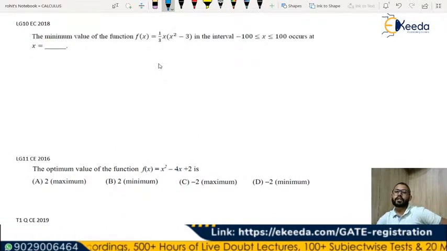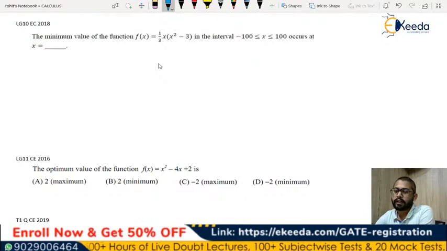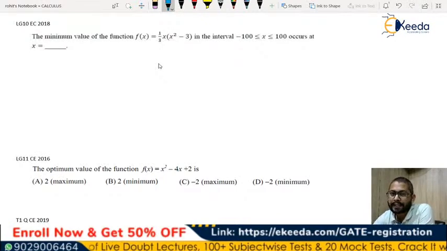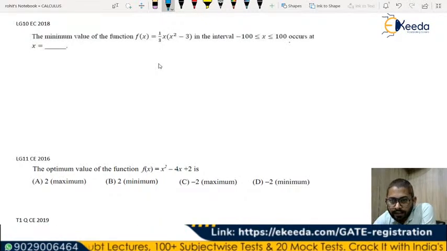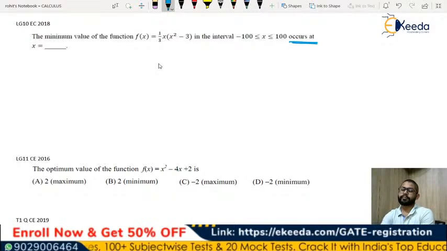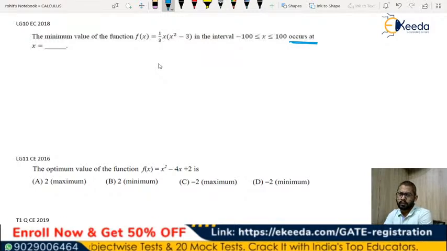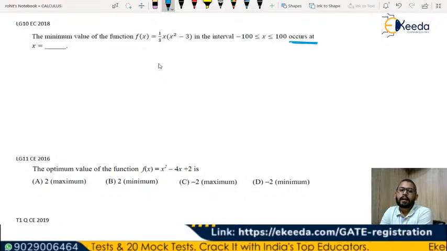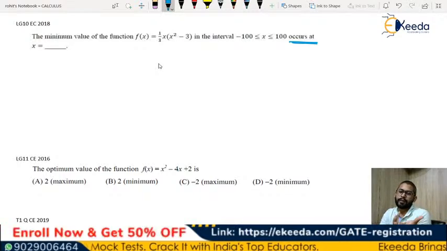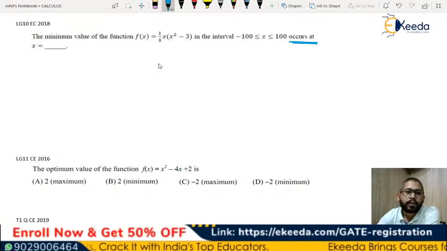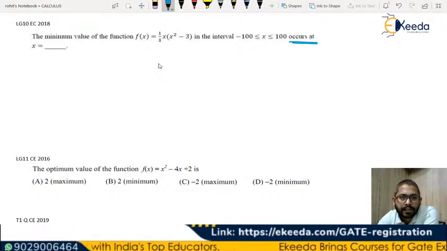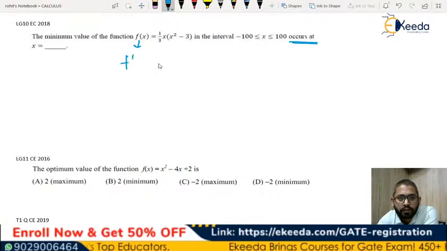Minimum value of the function occurs at, so they are not asking the function value, they are asking the position, at what point it occurs. I won't solve it, but I'll tell you what the possibilities are here. Let's see. First of all, f of x is given like this. So what is the f dash of x?